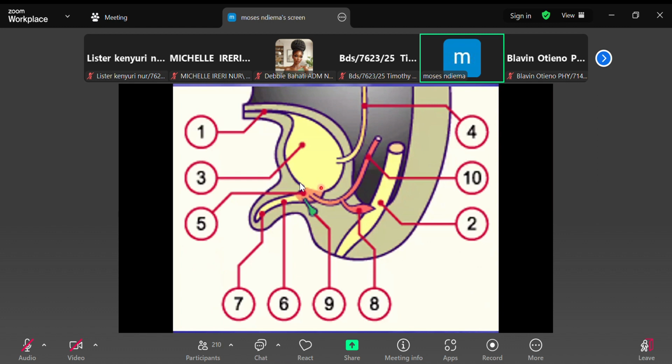So the phallic part, in the case of the males, is the one which will now form both the spongy urethra and the membranous part of the urethra. Now, the bladder is connected through the urachus to the umbilical area. This is a remnant of the allantois to the umbilical area.